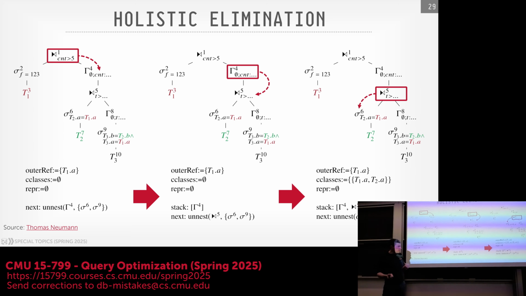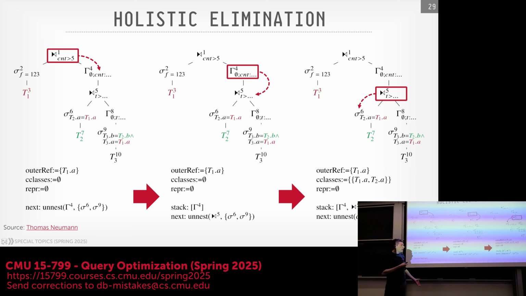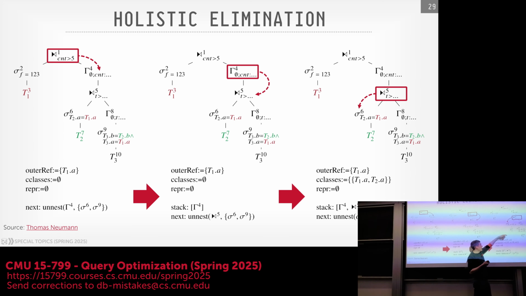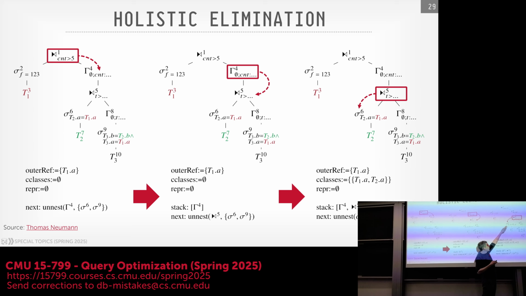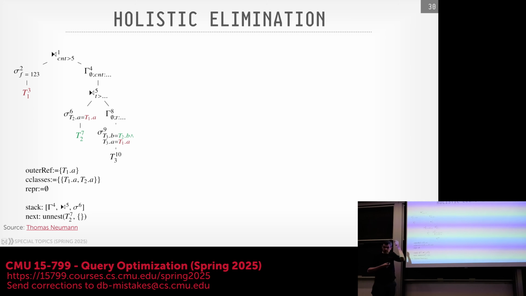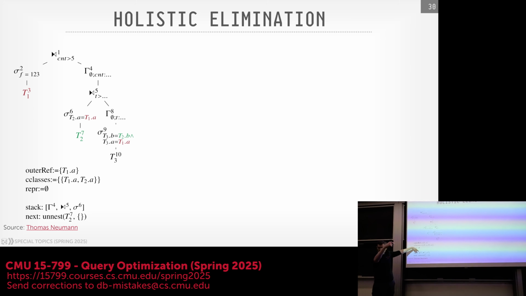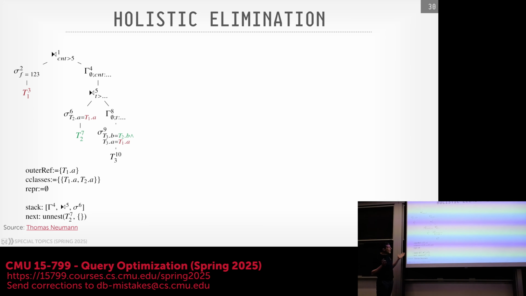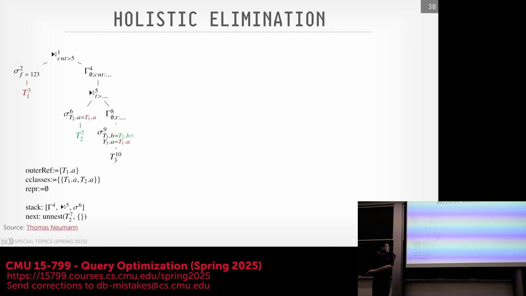So in this case, we're going to go to the left-hand side and look at this filter operator, because now I'm looking at T1.A, T1.A. And so I'll go here and then keep going down and try to figure out when it's safe for me to start rewriting. At this point, all we've done is just maintain some state information about what we're seeing as we're going down, but we haven't made any modifications to the query plan yet.